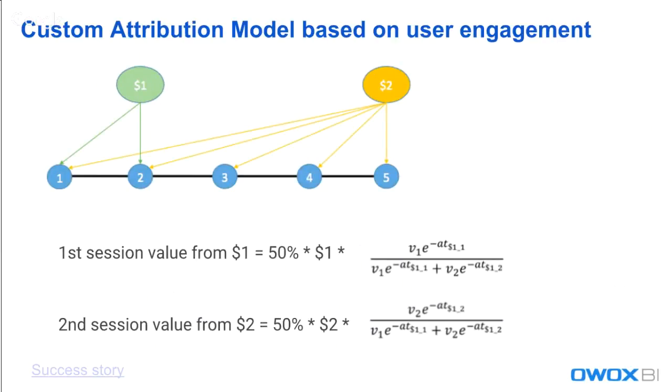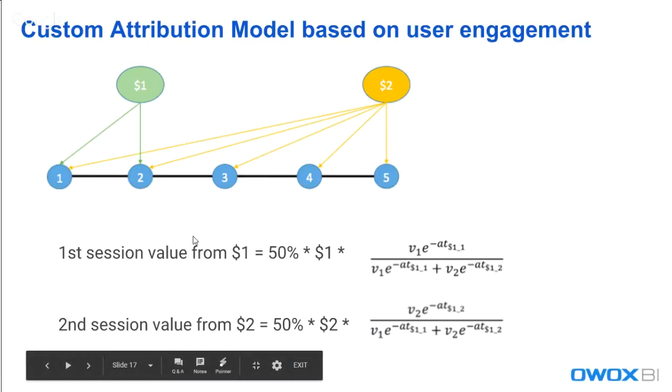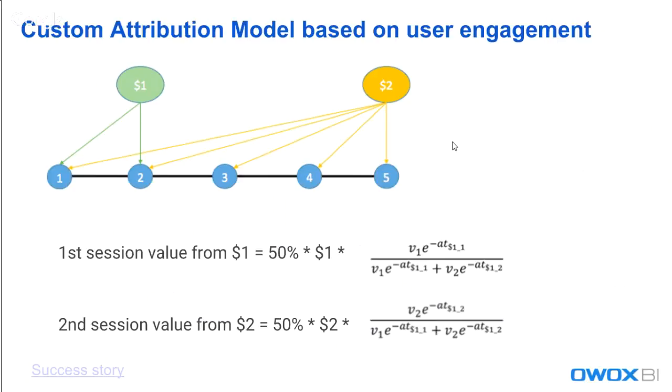The logic was quite simple. The total value of the first and the last session in a customer conversion path equals the value of the sessions in between. In plain English, it meant that the first session that attracted a user to the website got 20% of the value, while the last session that closed the deal got 30% of the credit.